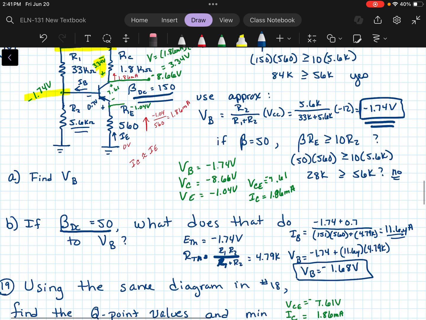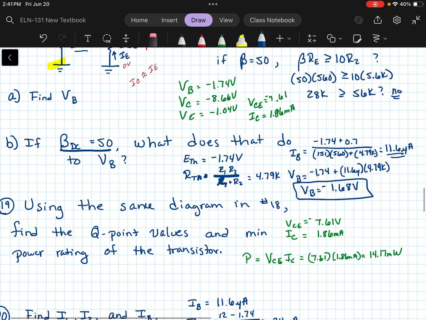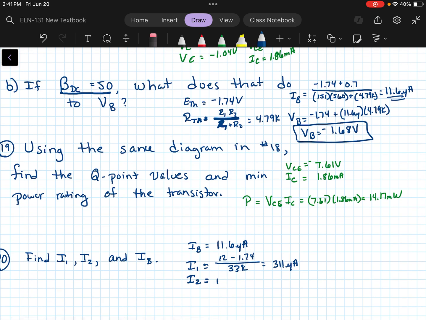Now I2 is going to be about the same thing, because it's going to be this 1.74 minus 0 over 5.6K.